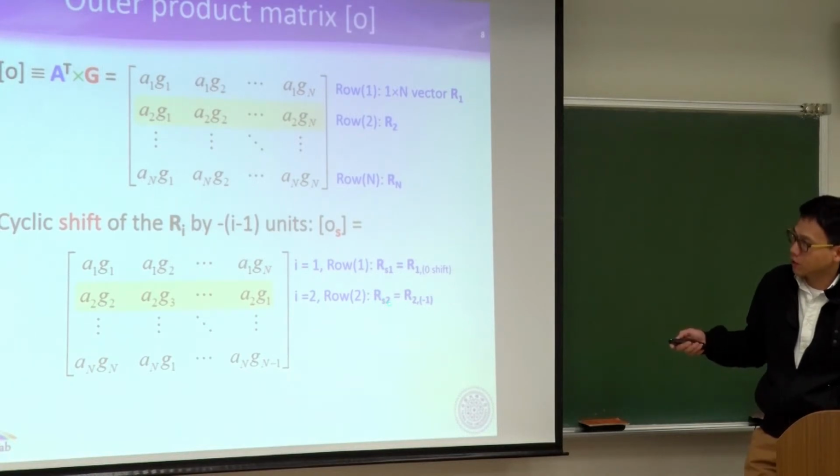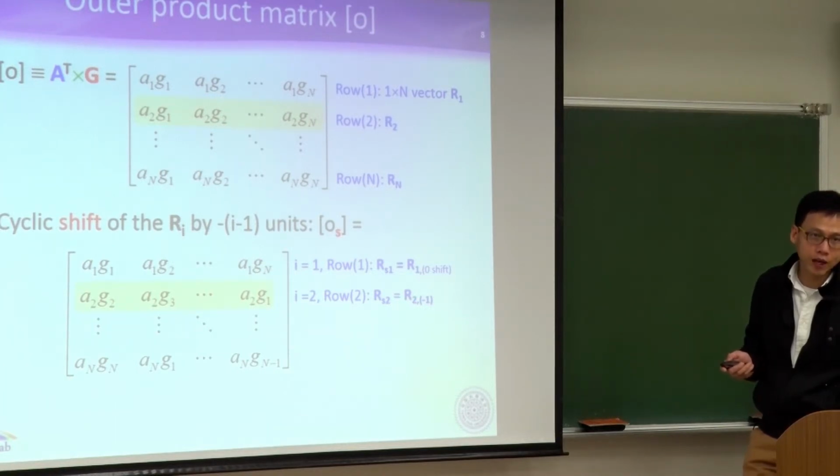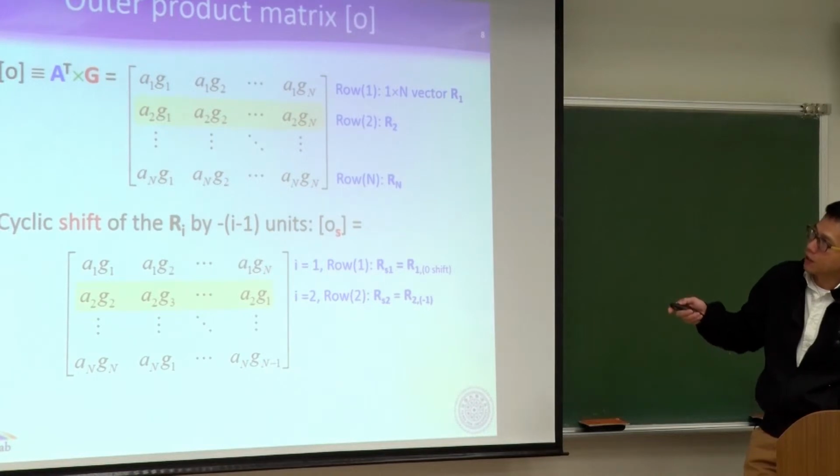So the new second row vector, RS2, equals the cyclic shift to the left by 1 unit of the original second row vector, R2. This is the original R2 vector. If you shift it by minus 1 unit, A2G1 goes to the left and then has nowhere to go, so it goes back to the last one.